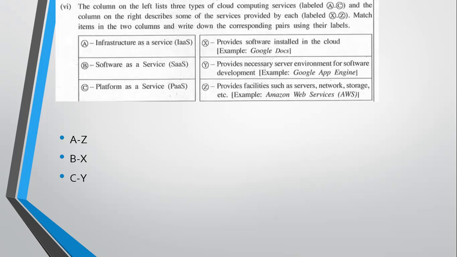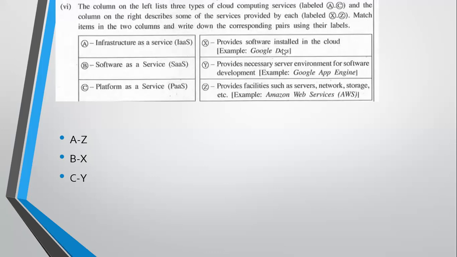B, software as a service. We do not want to install our software on our local machine. We can use it from the cloud. An example is Google Docs, which provides software installed in the cloud. The answer is X. Platform as a service provides a server environment to work.